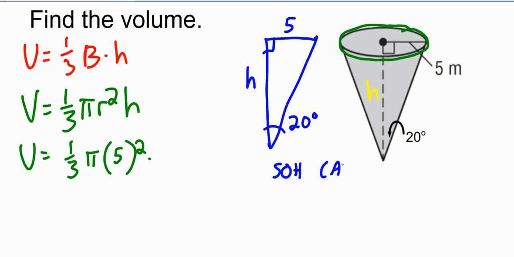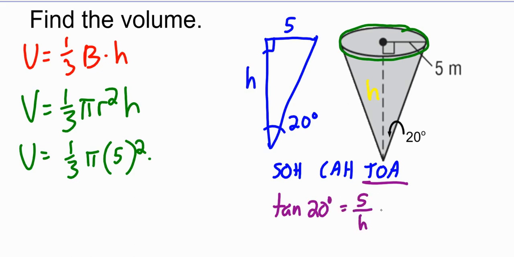Sine, cosine, or tangent. Related to this angle here, we have the opposite side, and we're looking for the adjacent side. So opposite and adjacent is tangent. So tangent of 20 degrees equals 5 over h.